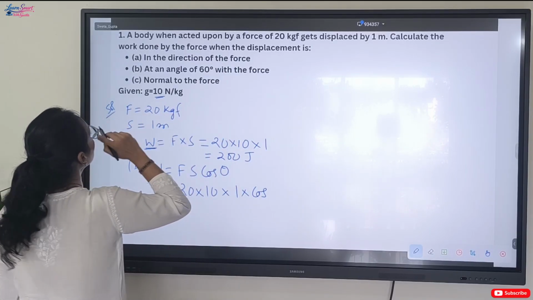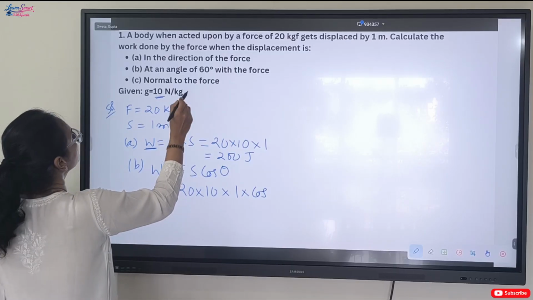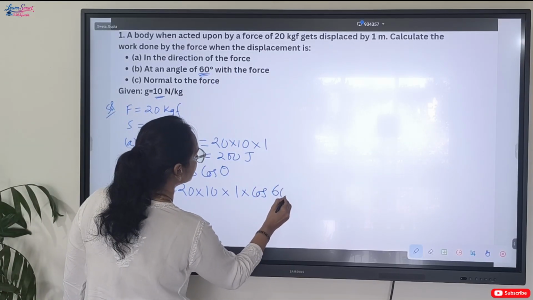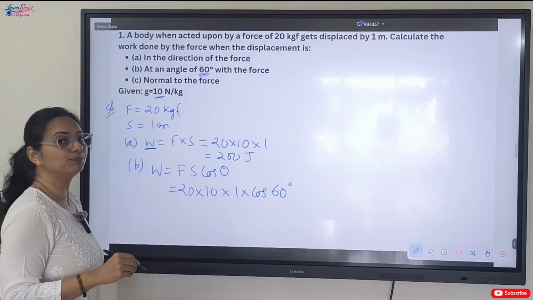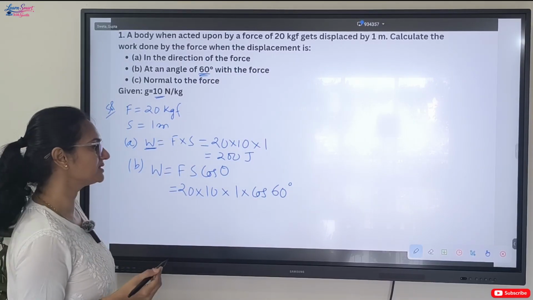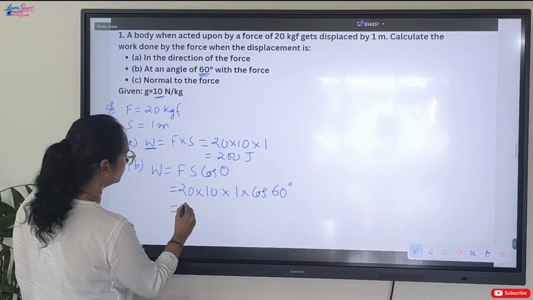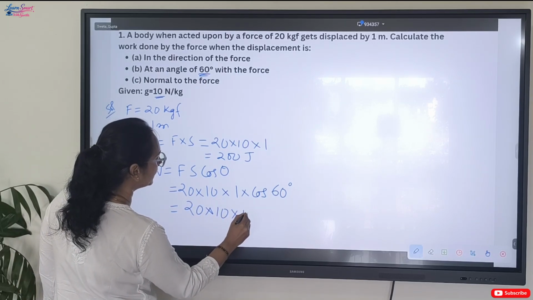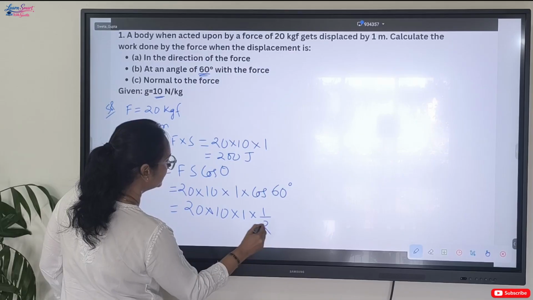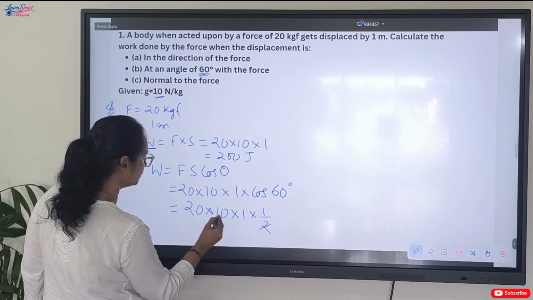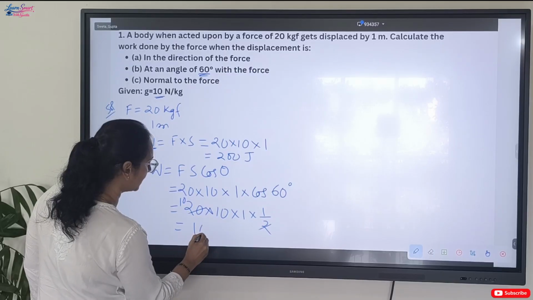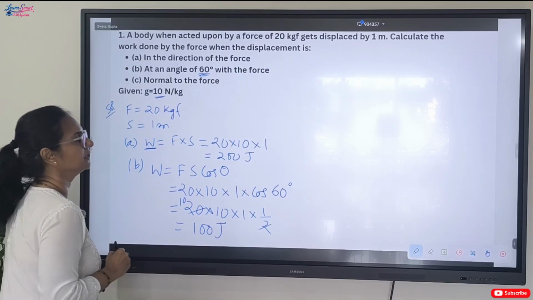What is the angle they have given? 60 degree. So cos 60 degree. Now we have to put the value of cos 60. What is the value of cos 60? 1 upon 2. So we will write 20 into 10 into 1 into 1 upon 2. So we will get 10 into 10 which is 100 joules.